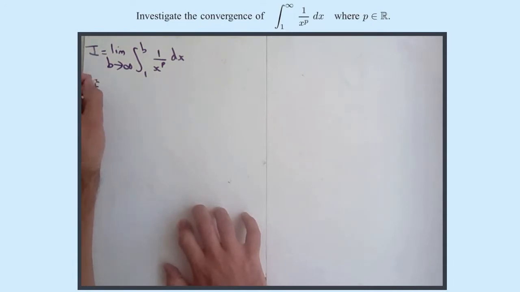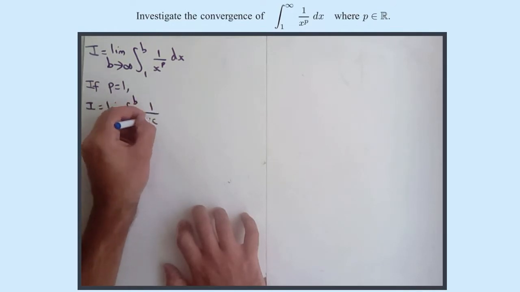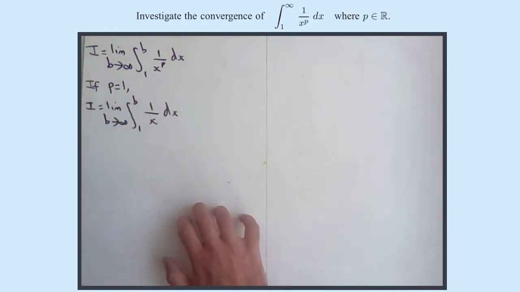So if p equals 1, that makes the integral really simple. The integral becomes the limit as b approaches infinity of the integral between 1 and b of just 1 over x dx. So that's one of our standard integrals.